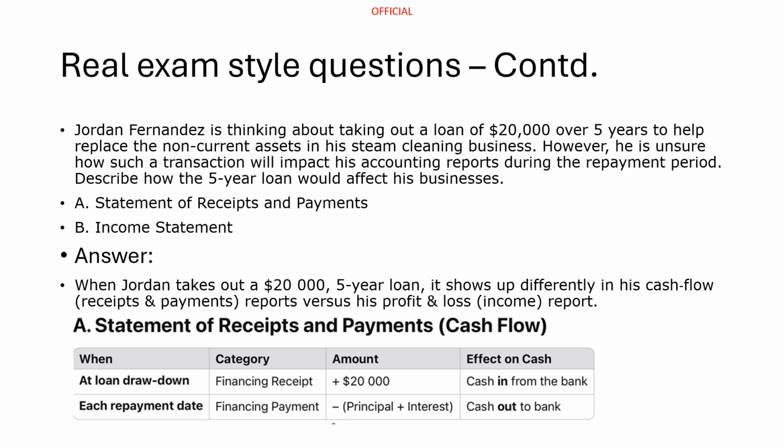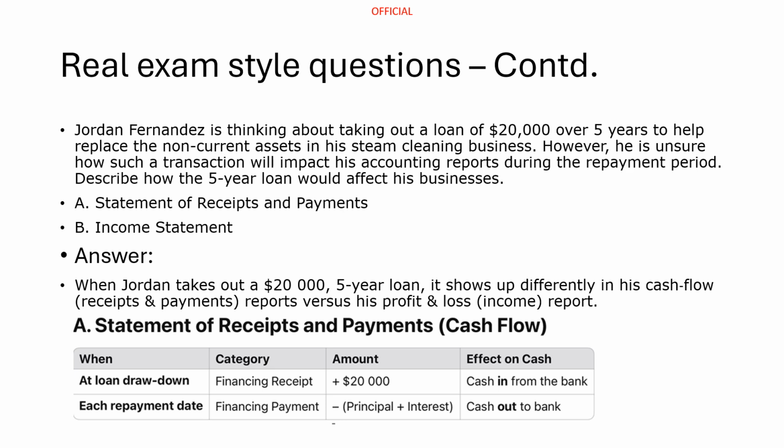In this question, the opening inflow of $20,000 appears under financing receipts. When Jordan takes out $20,000 on a 5-year loan, it shows up differently in his cash flow.